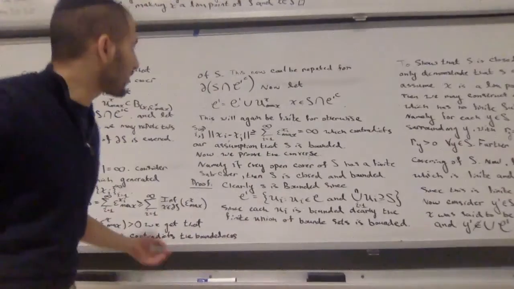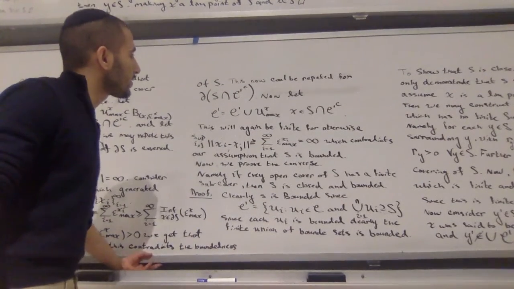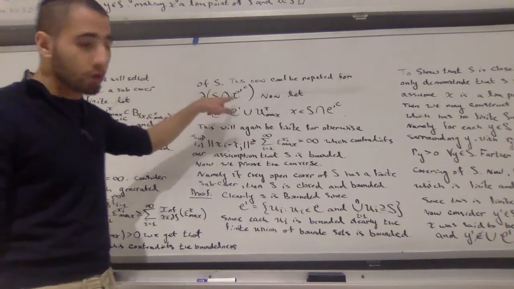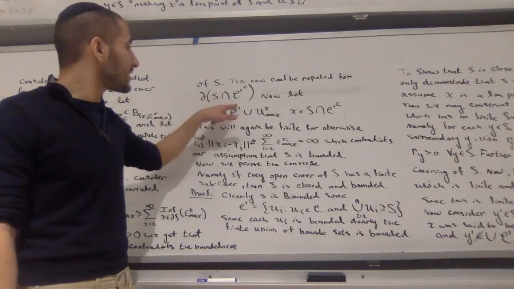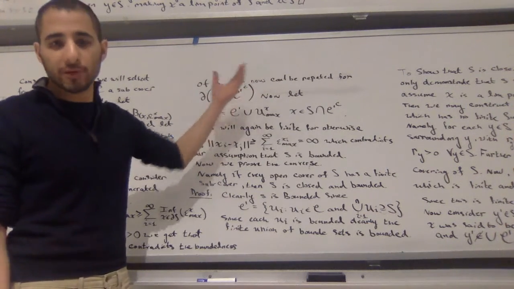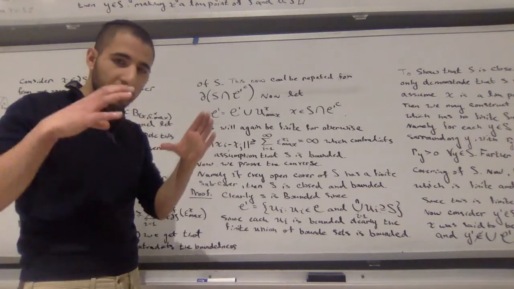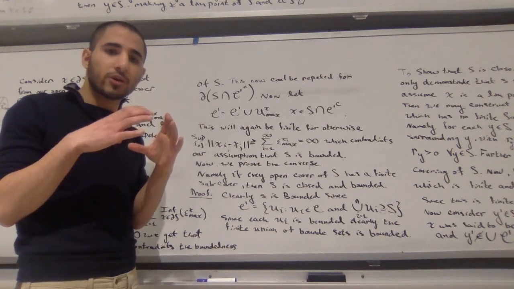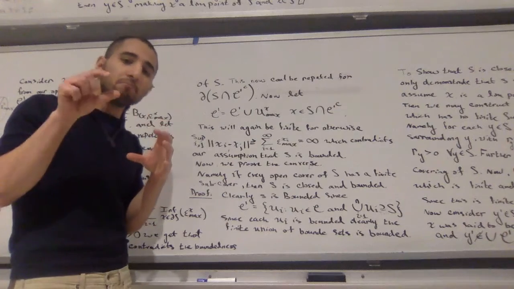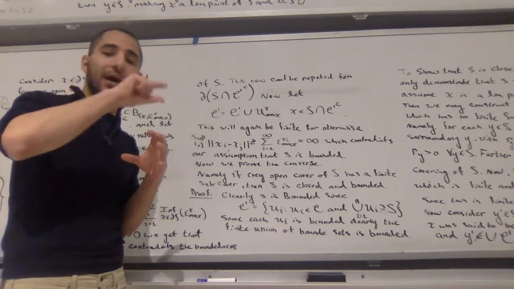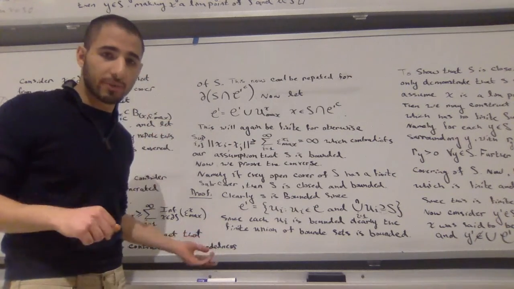We then continued on to here, and we argued that this could be repeated now for the new boundary of S. In other words, the boundary of S was covered. Indeed, the reduction of the covering is going to be at least the minimum epsilon max x for all the x's on the boundary.